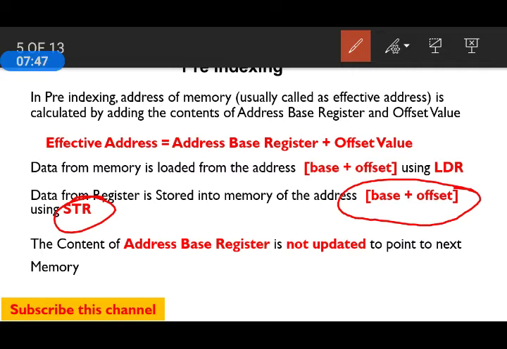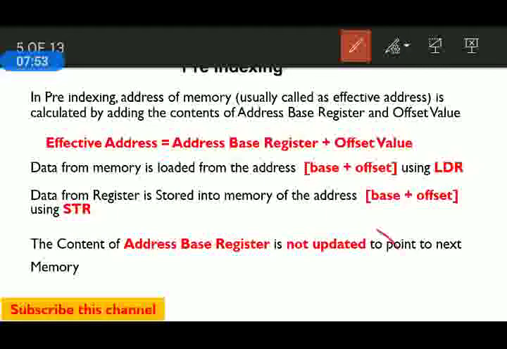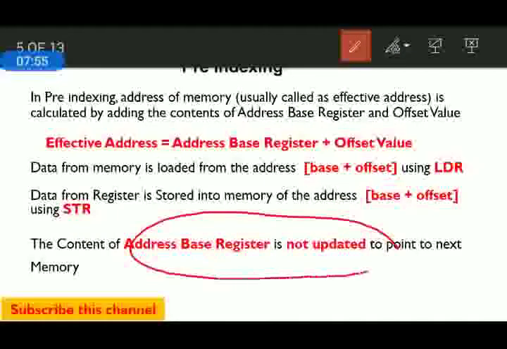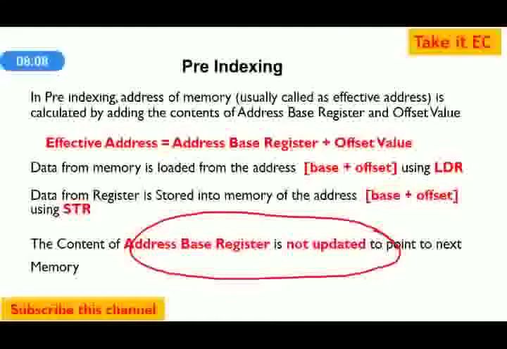Now in this pre-indexing addressing method, the address base register is not updated. This is an important point. That is, before and after the execution of this pre-indexing instruction, the value of the address base register will be the same. This will be clear in the next example section.